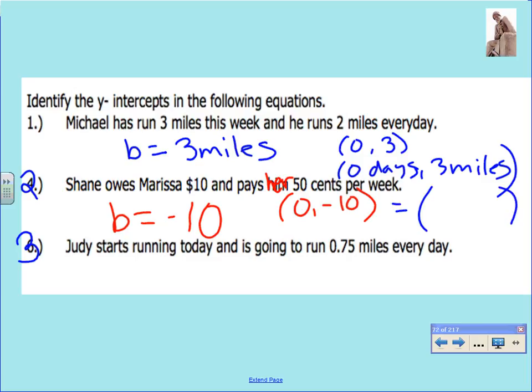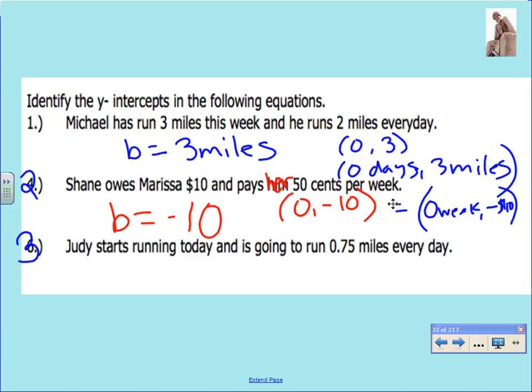What are our labels for the 0 and what is our label for the negative 10? In other words, what's x, what's y? Brian C? Good job. So 0 weeks, comma, negative $10. At week 0, Marissa is short $10 based on this problem.